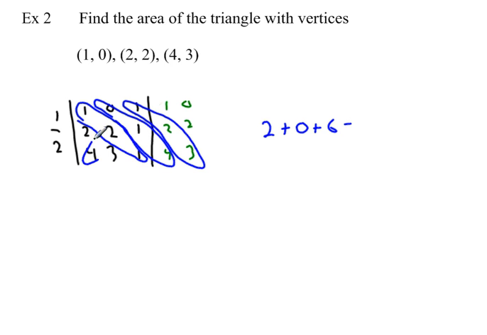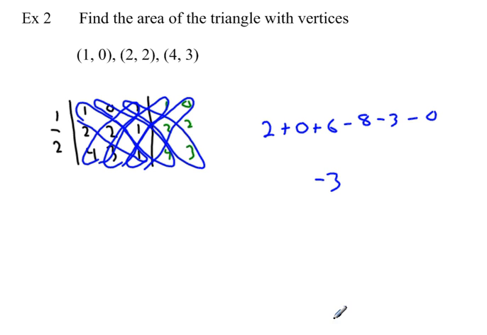Now let's talk about these other diagonals. 4 times 2 times 1 is 8, minus 3 times 1 times 1, which is 3, minus 1 times 2 times 0, which is 0. And if we add all these together, we get, let's see here, 8 minus, we get -3.